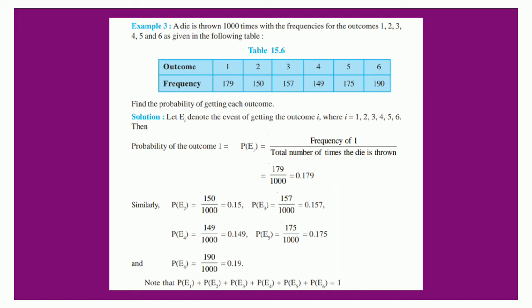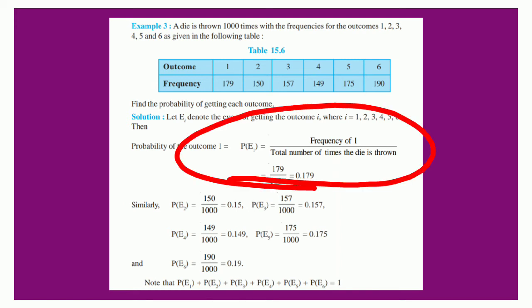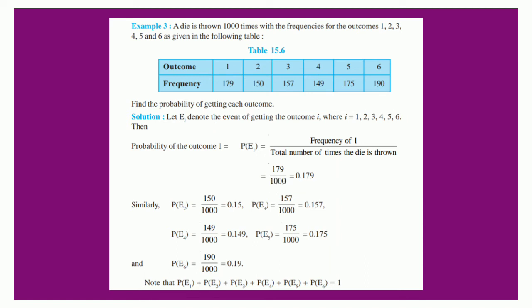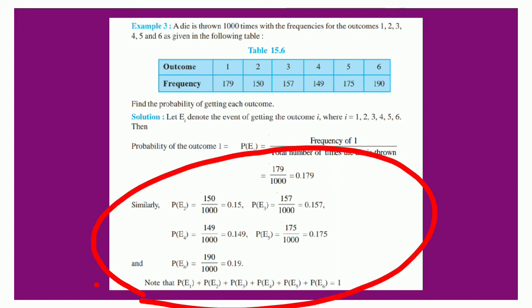Here P of E1 can be written as frequency of 1 divided by total number of times the die is thrown. That's equal to 179 divided by 1000, that's equal to 0.179. Then probability of E2 can be written as 150 divided by 1000, that's equal to 0.15.